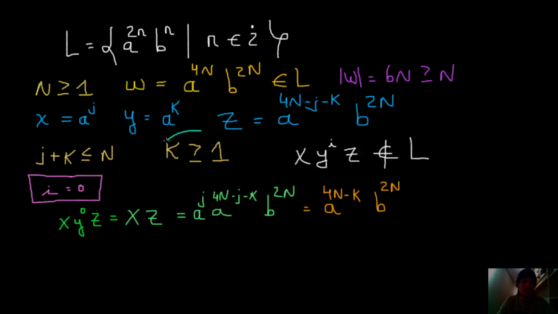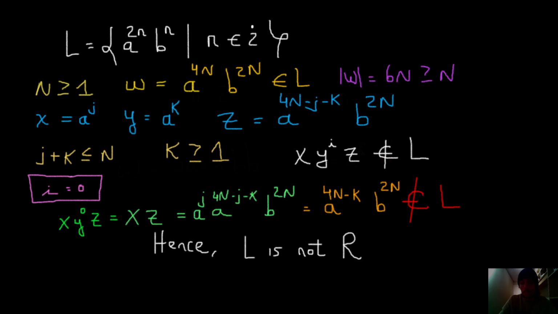This k is at least 1, as we can see, under the pumping lemma condition. So if this value k is at least 1, it means that we have a number of a's that is not 2 times the number of b's. In other words, this resulting word does not belong to the language L. And hence, we arrive at the conclusion that this language is a non-regular language, right? Using the pumping lemma.